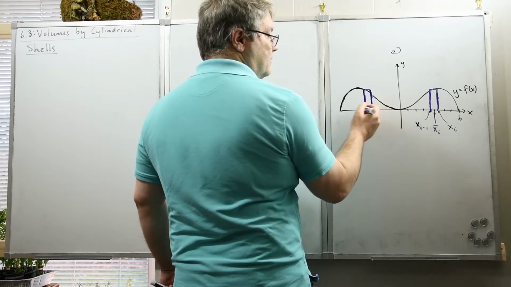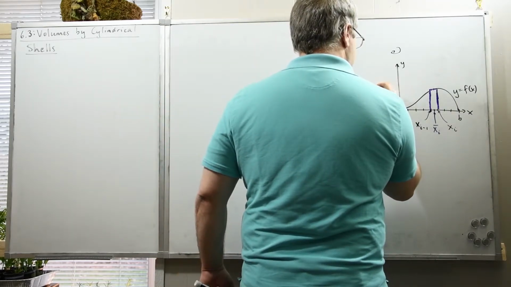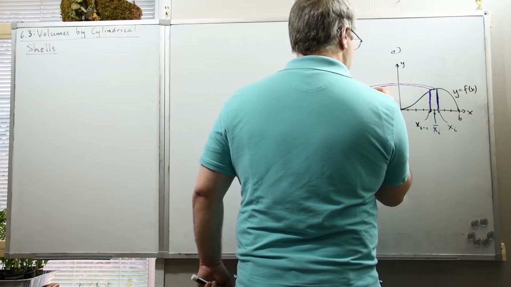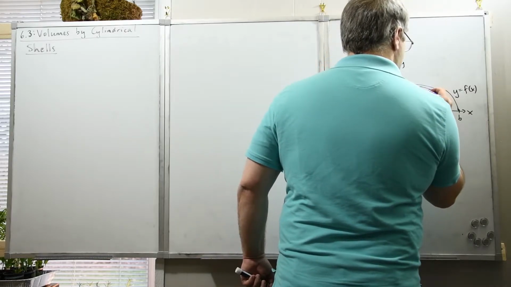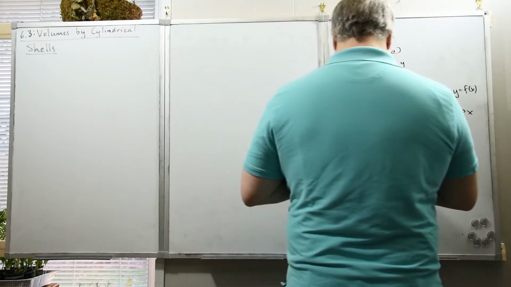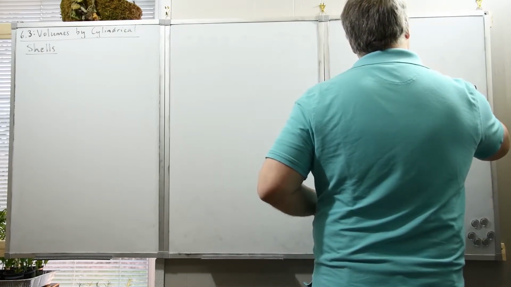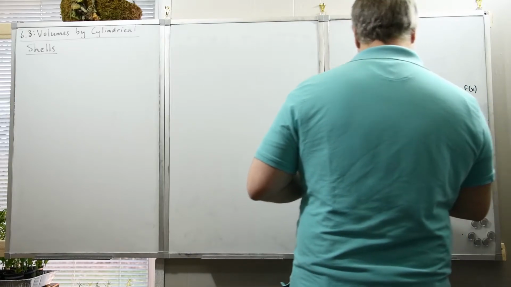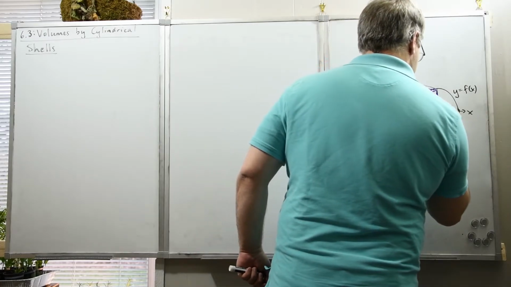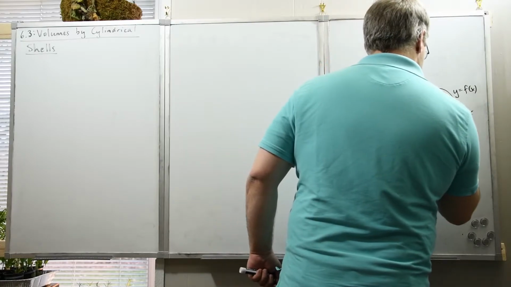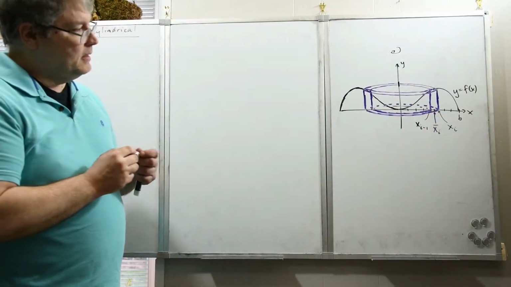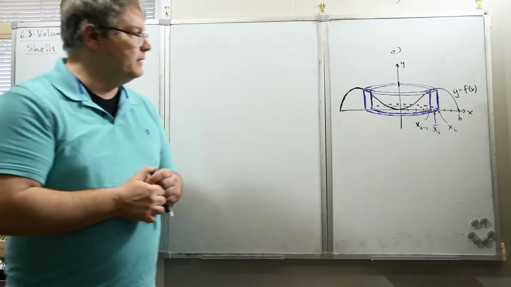So I have a mirror image on the other side of the y-axis, and we'll have a picture that looks kind of like this. So we want to figure out what is the volume of that cylindrical shell.